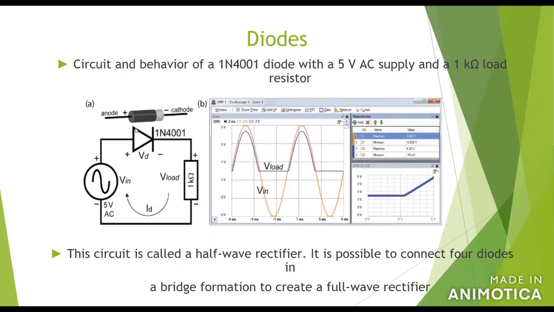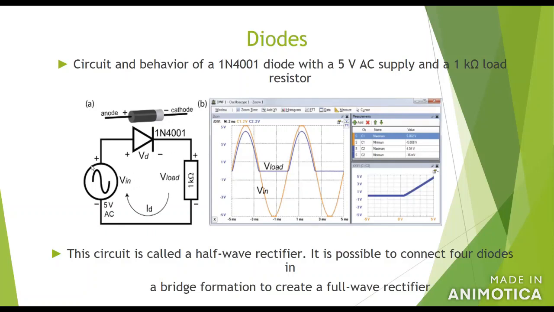From this symbol, you can understand that the current can only flow from this side to that side. The current cannot flow back. In the opposite direction, the diode will block the circuit.